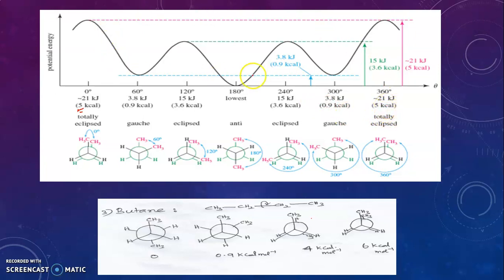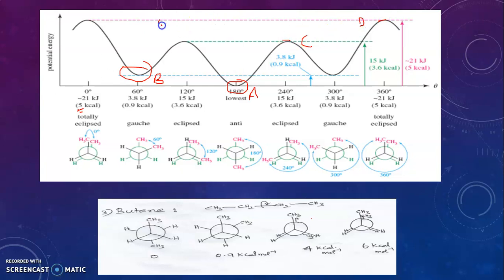Are you able to follow? So this potential energy diagram shows the order of stability of conformations of n-butane. The anti-conformer is the most stable one. I'll write here: A is the anti-conformer, B is the Gauss conformer, C is the partially eclipsed conformation, and D is the fully eclipsed conformation.